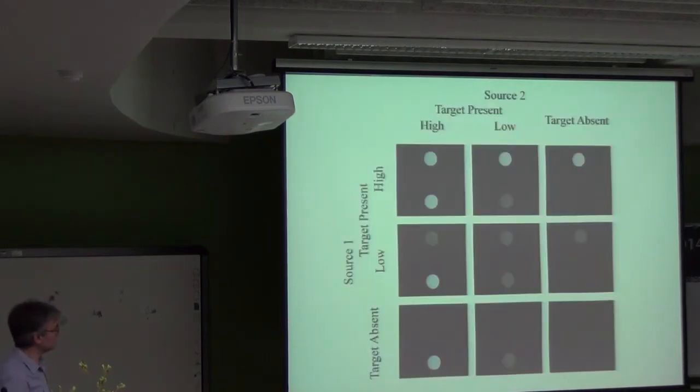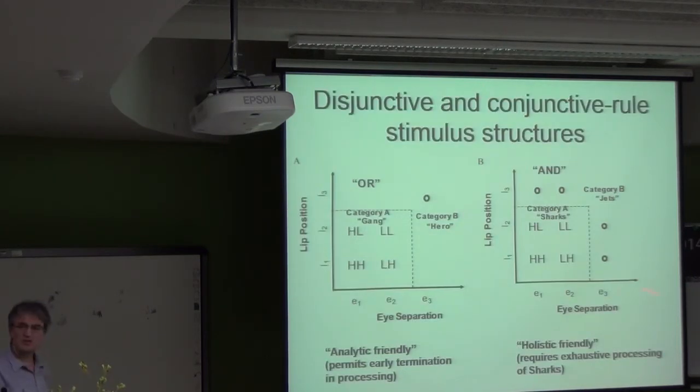And why is it difficult? Because you cannot use a single rule to make a decision here. So let's say this face is presented here, the JETS member, this one, and let's say, oh, let's pay attention to eye separation. Oh, eye separation has a value of 3, let's say maybe maximum, and probably you could say, oh, look, this is a JETS.